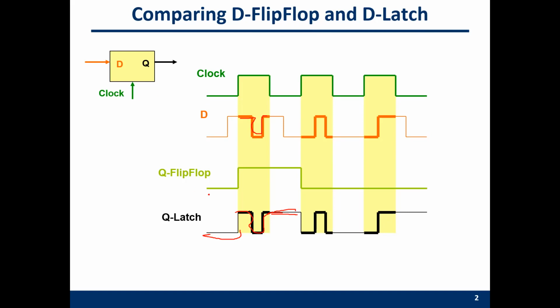And then we also have the flip-flop. Unlike the latch, the flip-flop is sensitive to the edge, rising edge or falling edge. In this particular case, it is sensitive to the rising edge.